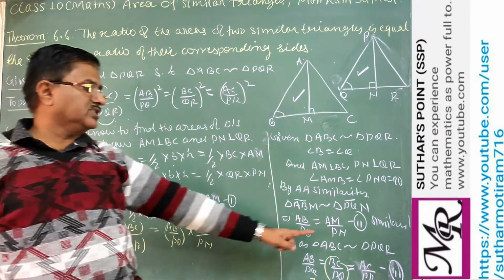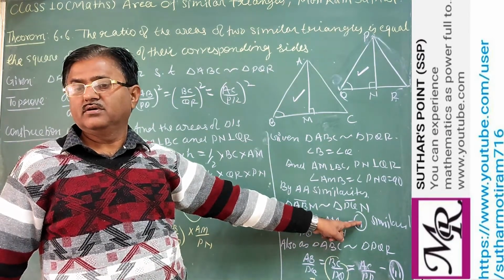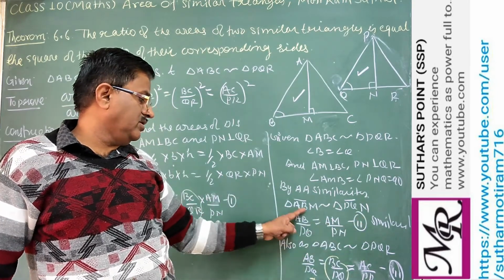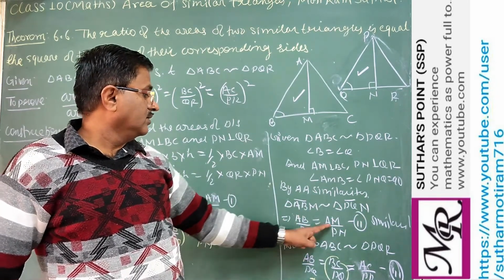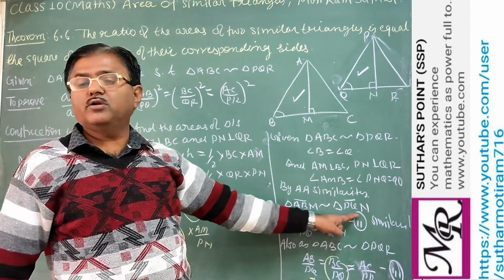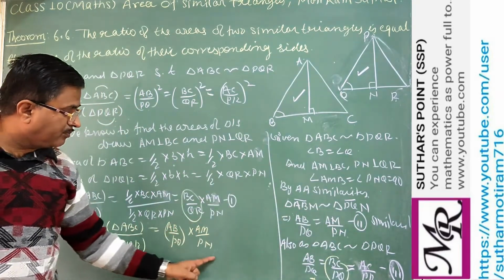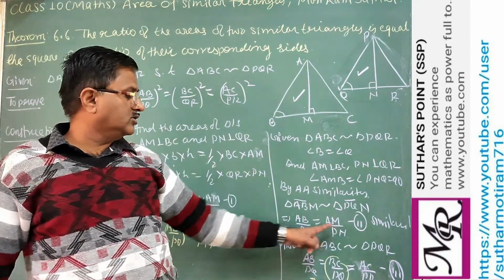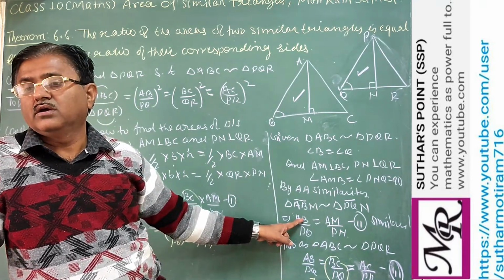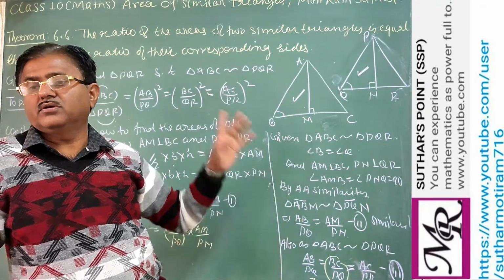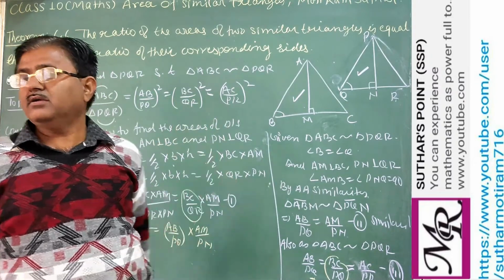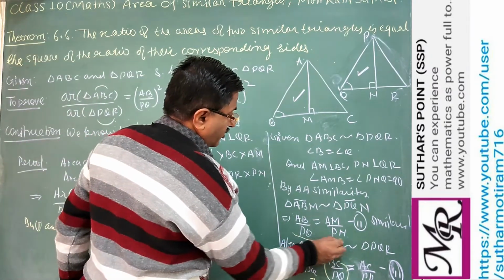Now from equation 2, AB upon PQ is equal to AM upon PN. So this AM upon PN can also be written as AB upon PQ. Right? So see this very carefully.